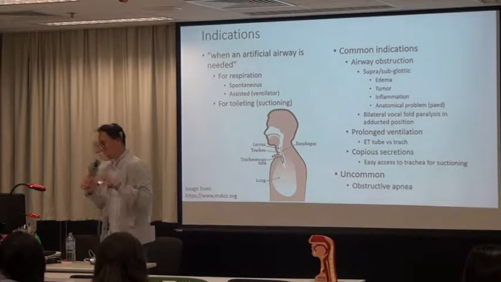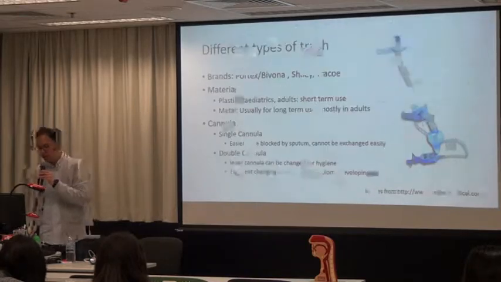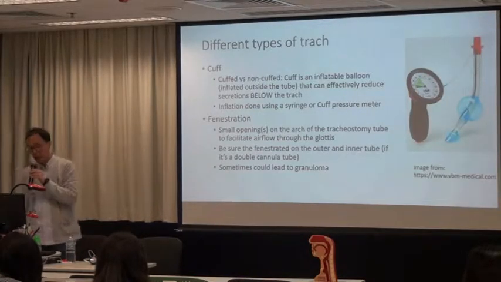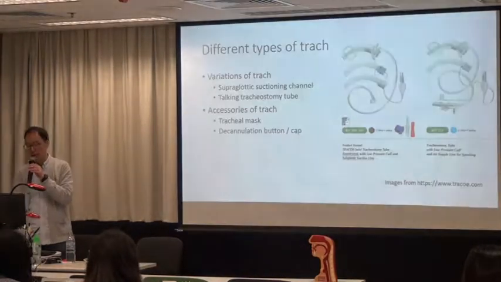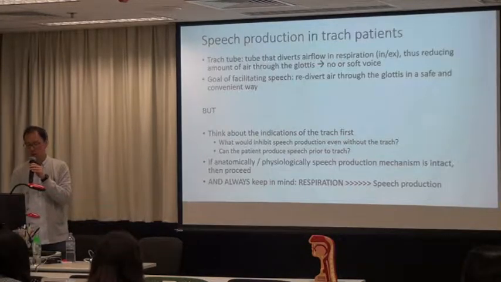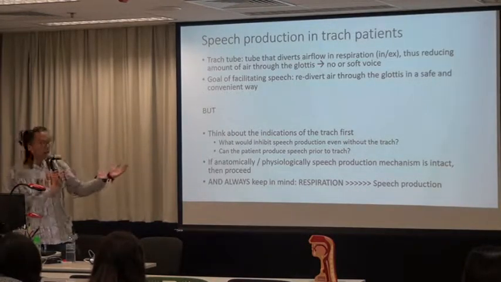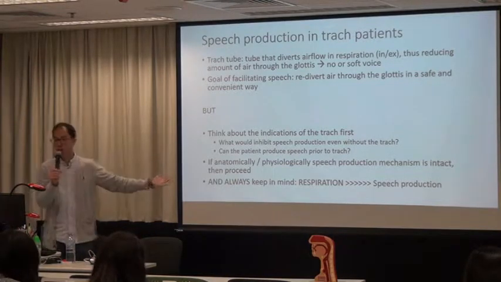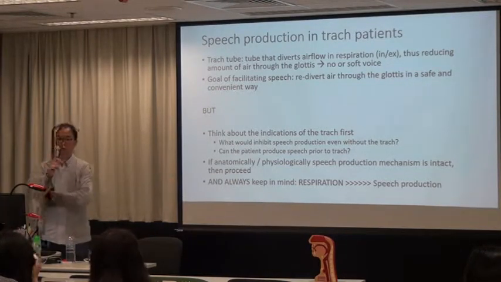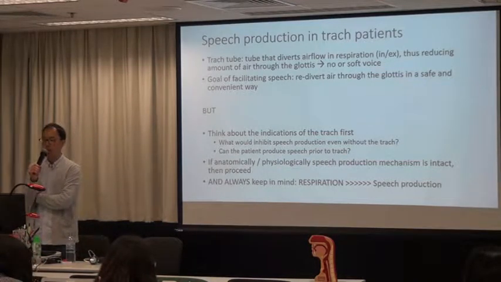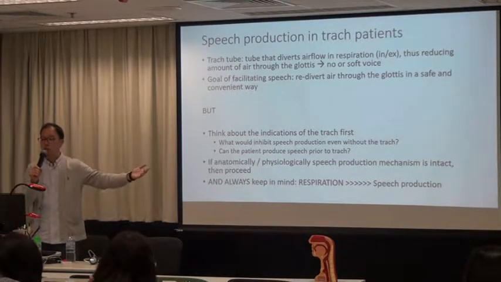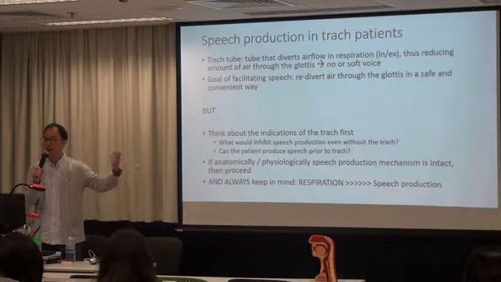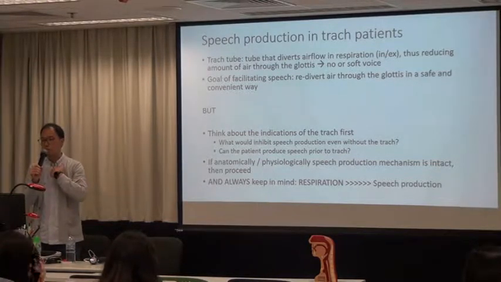So how is the configuration of the airway, of the larynx? It's very important that you have a true expectation of whether the patient can talk with a tracheostomy tube, and whether the patient can produce speech prior to using a tracheostomy. We have had patients with advanced dementia with a tracheostomy.